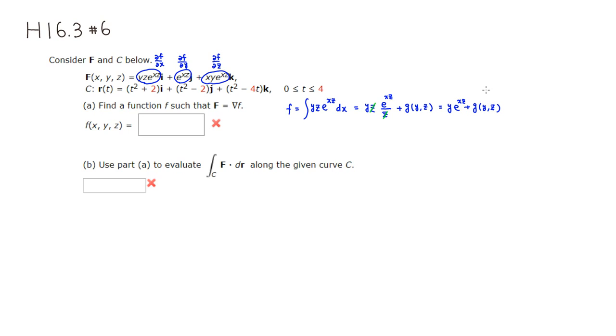Then we can take the partial derivative of the result with respect to y to make sure that this matches the second component. The partial derivative with respect to y: e to the xz is a number, and the derivative of y with respect to y is 1, so you just get e to the xz.